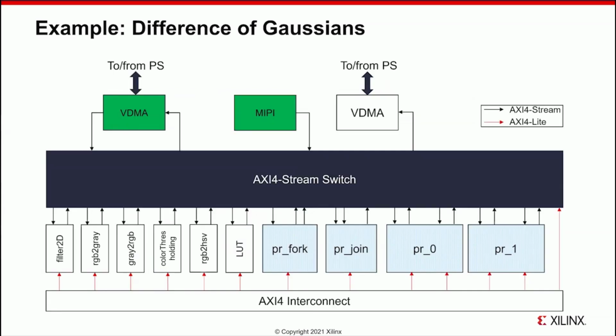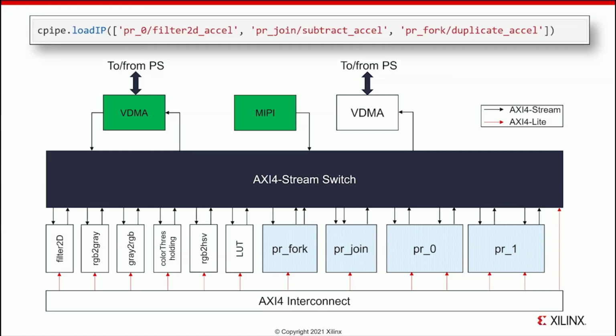In this animation, I will show you how you can compose the difference of Gaussians application at runtime using the composable overlay. You will also see a high-level overview of what is going on under the hood on the FPGA side. Once the composable overlay is loaded onto the FPGA using the overlay method from PYNQ, we can load the dynamic functions by calling the load IP method.